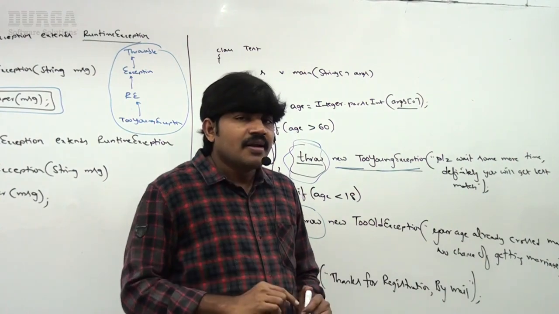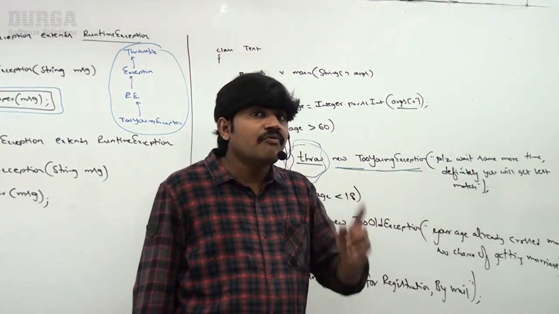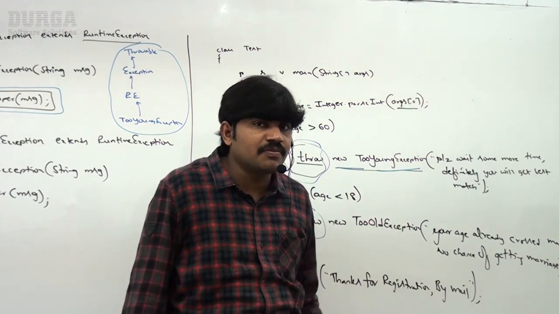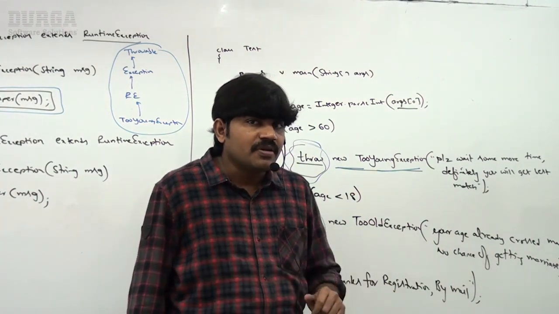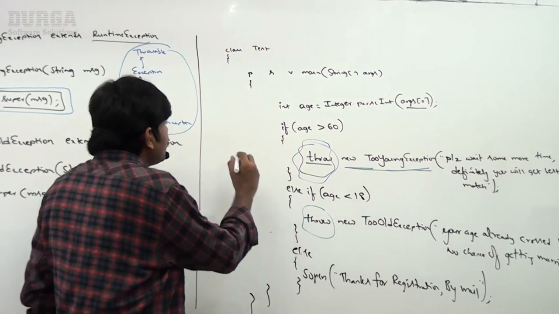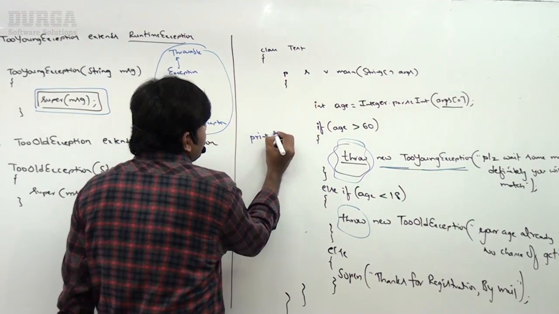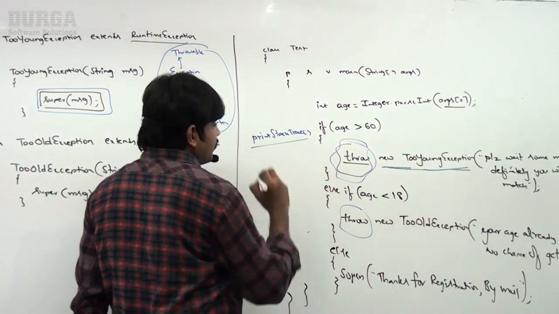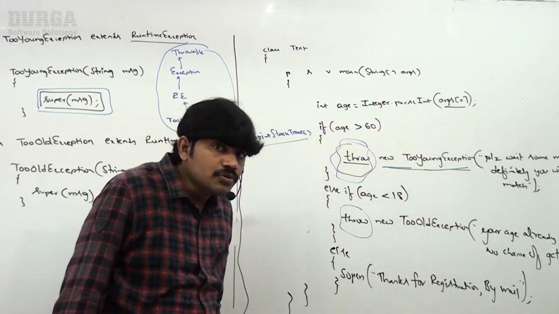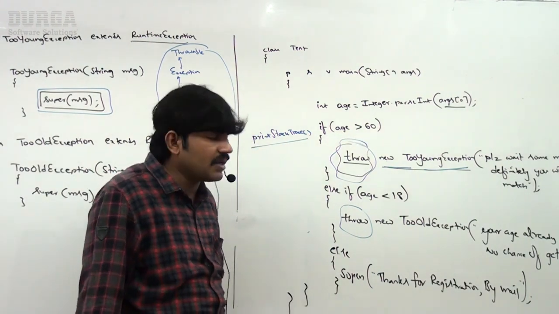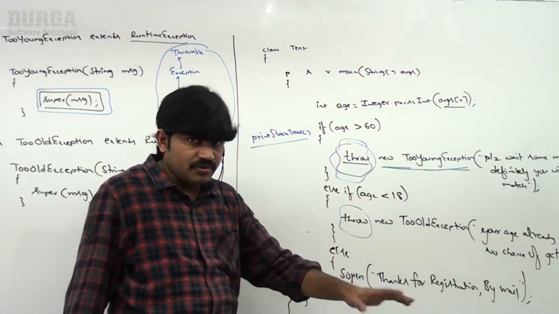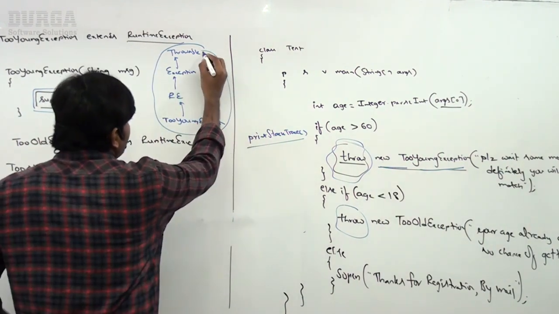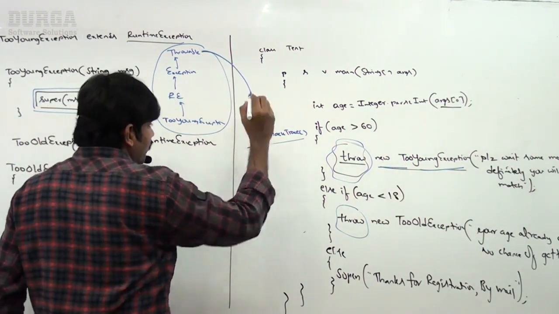The default exception handler will use which method to print exception information to the console? Have you remembered? Somewhere we covered the printStackTrace method. The printStackTrace method is internally used by the default exception handler to print information to the console. This printStackTrace method is present inside the Throwable class.